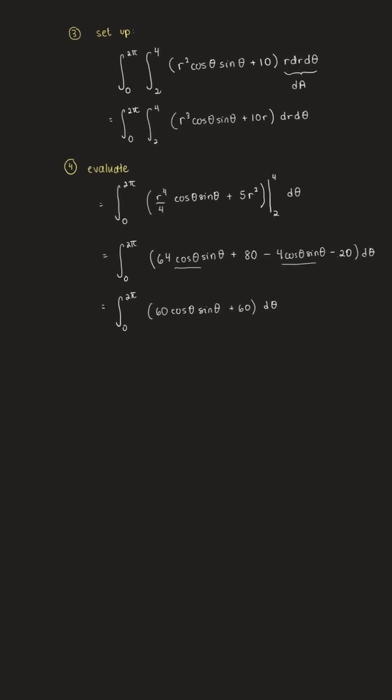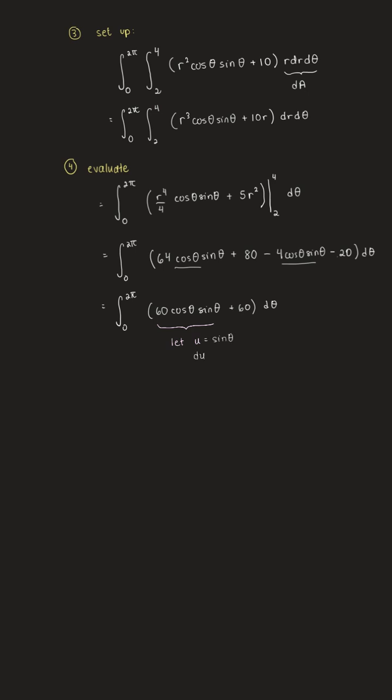Okay, now we can integrate with respect to theta. So for the first integral, we can do a u substitution. We could also use a double angle formula, but I'm going to go ahead and do a u sub and let u be sine theta.